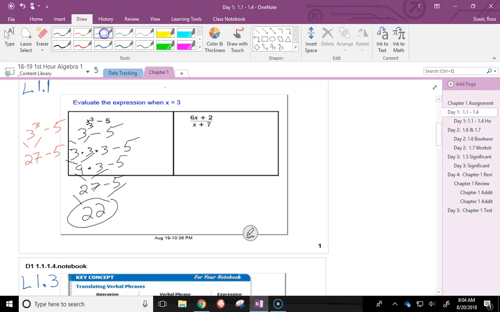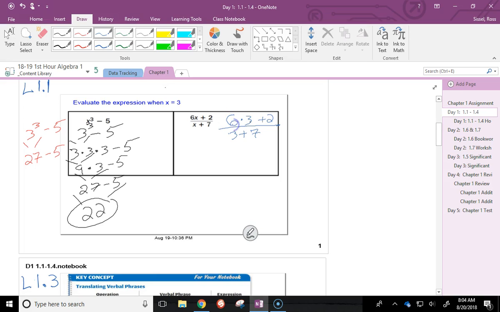Same thing. 6x plus 2 all over x plus 7. So we're doing division. I just rewrite the whole thing. And remember, when the number, the coefficient, is by the variable, it means to multiply. So 6 times 3 plus 2 all over 3 plus 7.